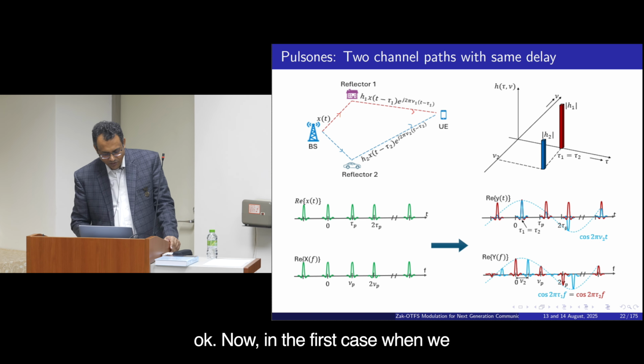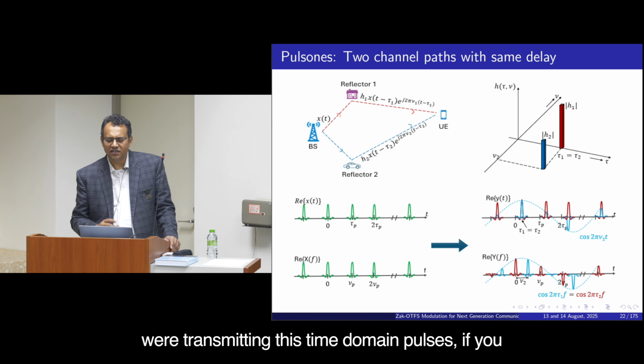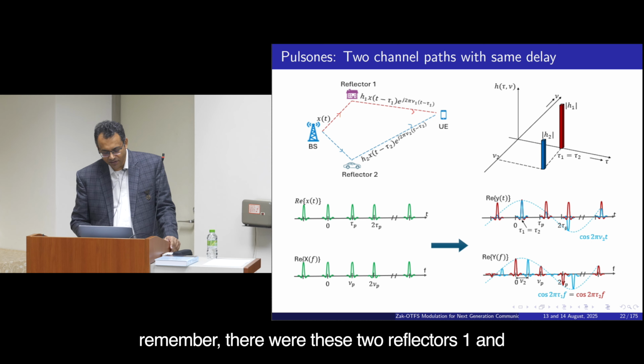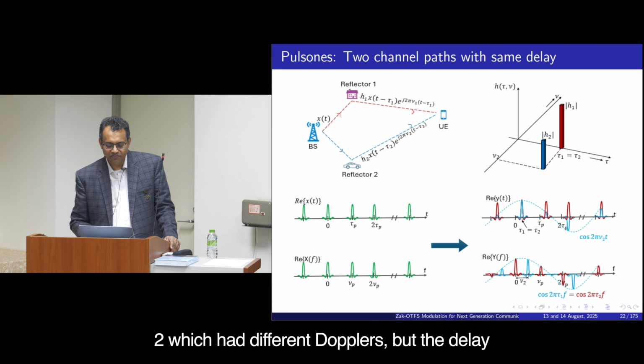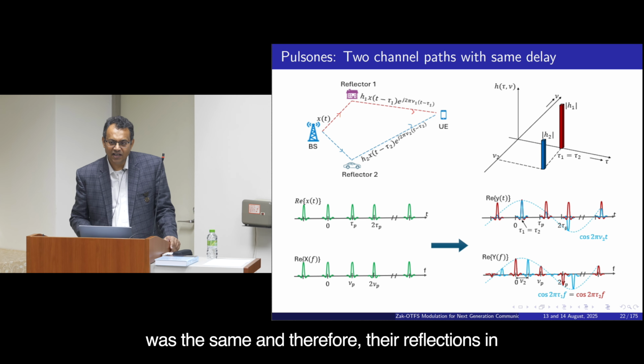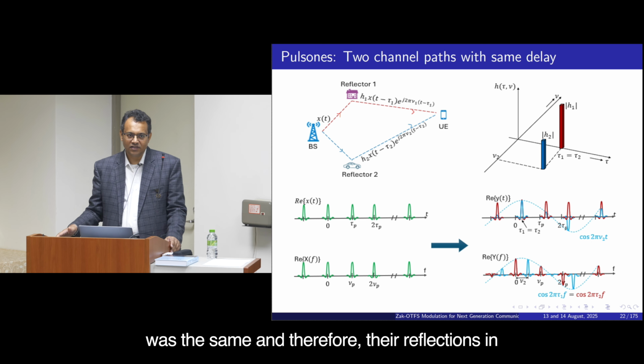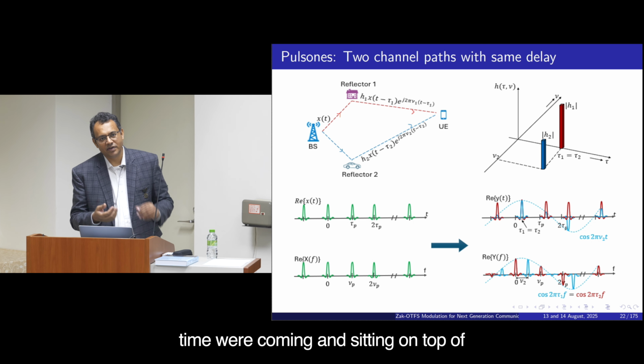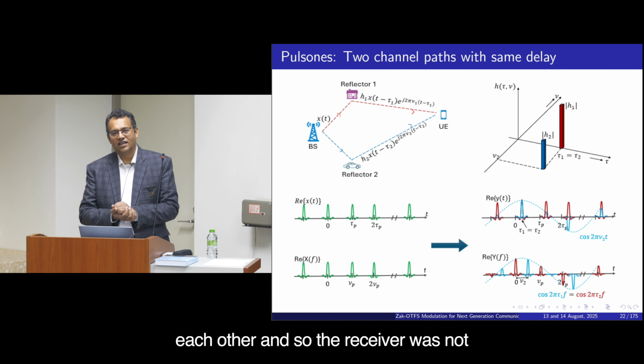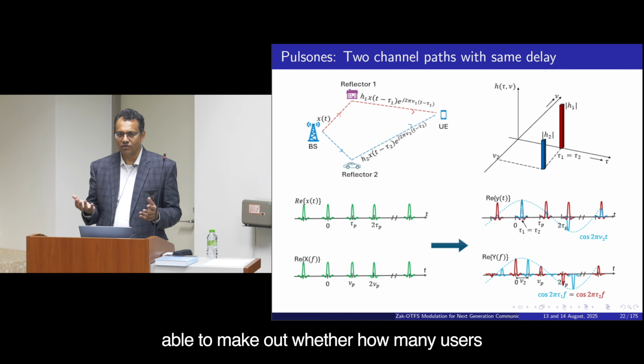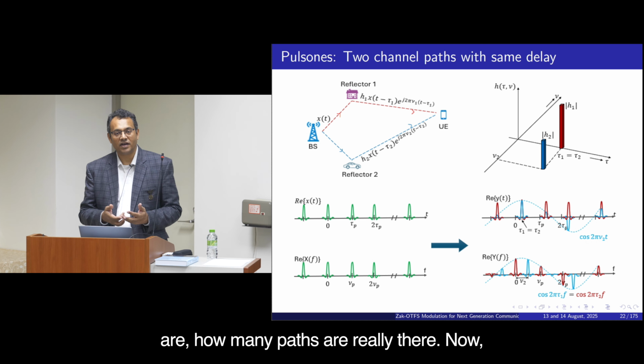Now in the first case, when we were transmitting these time domain pulses, if you remember, there were these two reflectors 1 and 2 which had different Dopplers, but the delay was the same, and therefore their reflections in time were coming and sitting on top of each other, and so the receiver was not able to make out how many paths are really there.